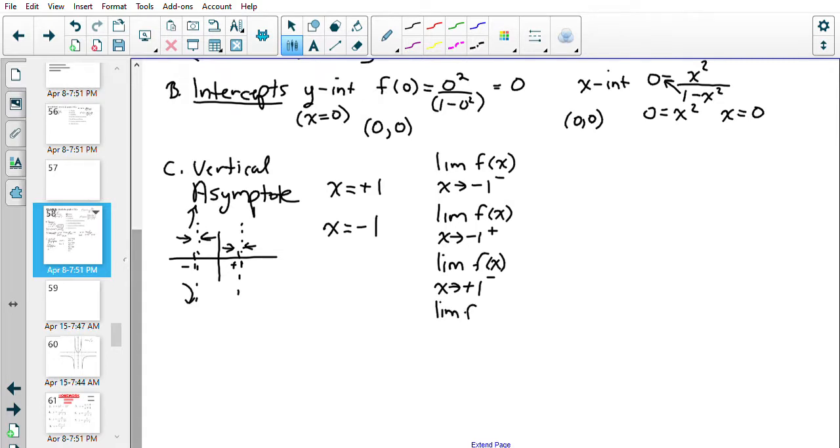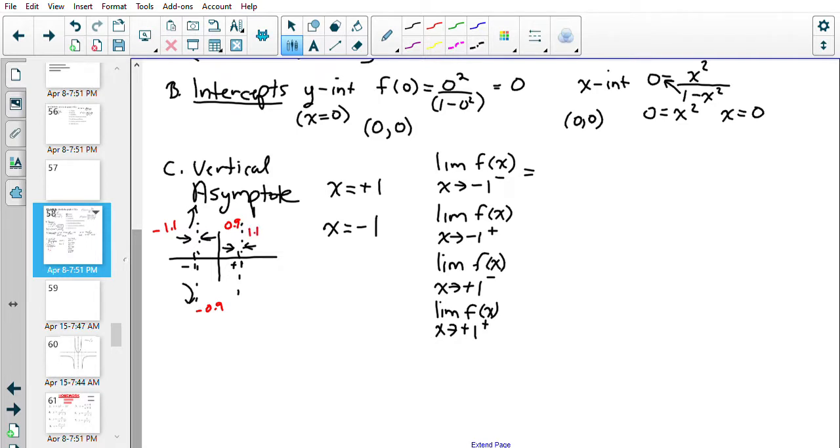And the limit of the function, lastly, as x approaches positive 1 from the positive side. So effectively what you're doing in each case is you're just testing a number slightly to the left and slightly to the right of each point. So for negative 1, you're choosing a number like negative 1.1, and on the other side you might choose negative 0.9. And over here you'll use a number like positive 0.9 and positive 1.1.